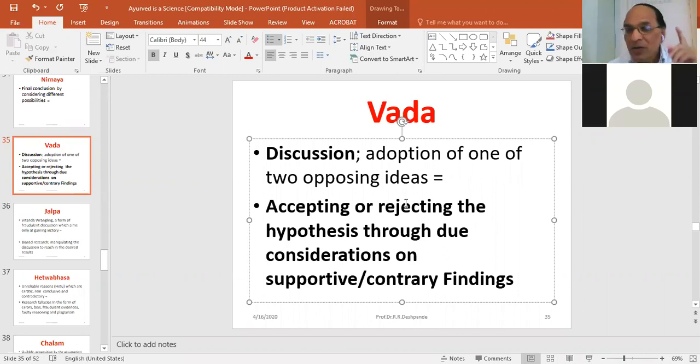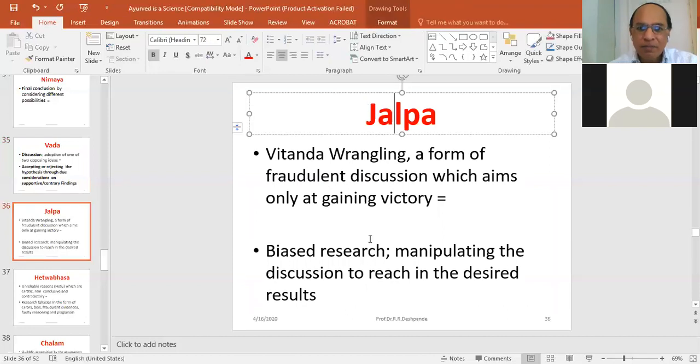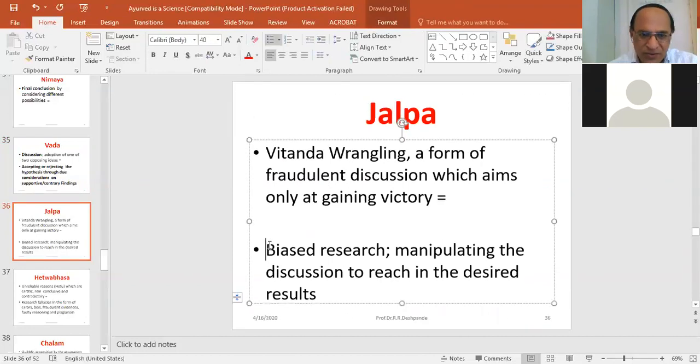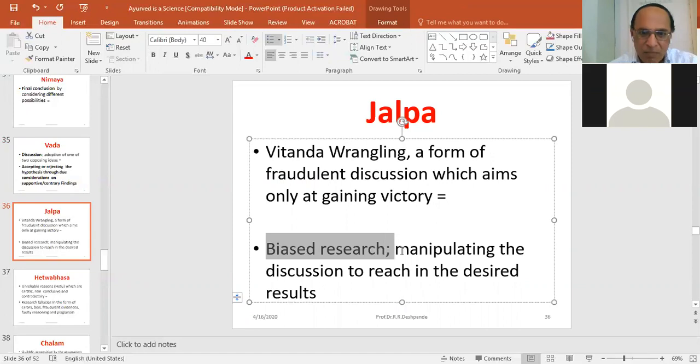We are talking about research in ancient times, and we are trying to mention in our LAQ what is the research terminology used by our Charaka, Sushruta, Vagbhata. Jalp. So Jalp is a biased research or manipulating. This is most important.